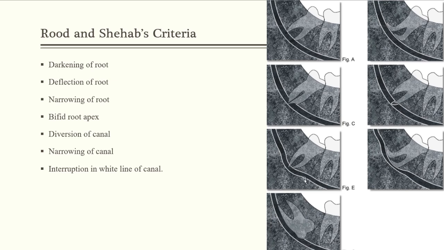Here narrowing, and here we can see diversion or changing the position of the canal. Here bifid root apex. We can see that it becomes 2 apices. We can see narrowing of the roots, deflection of the roots, darkening of the roots. These are all signs that tell us to order a CBCT.